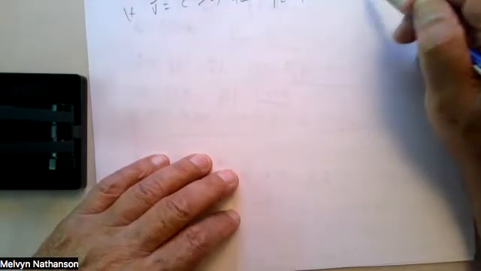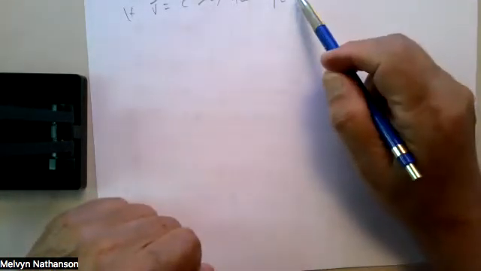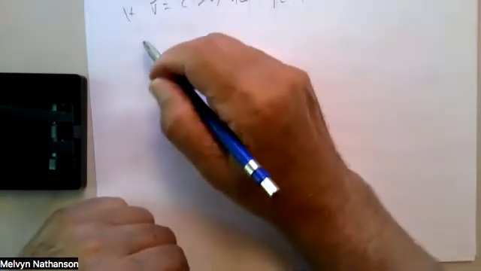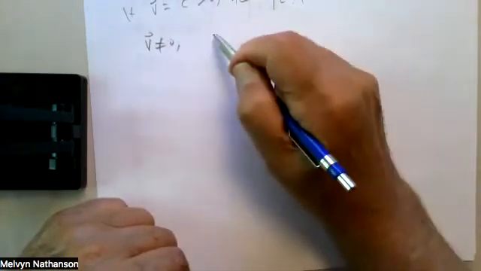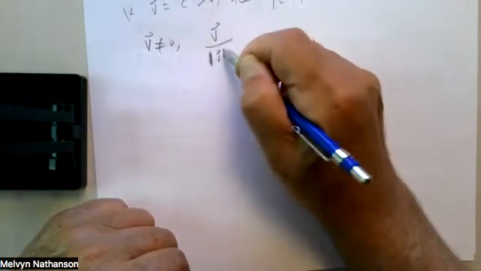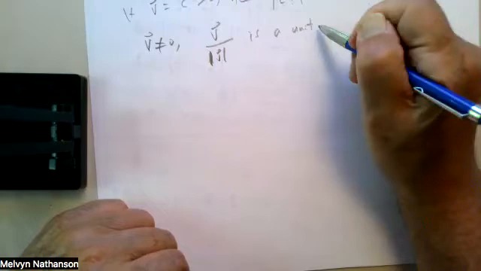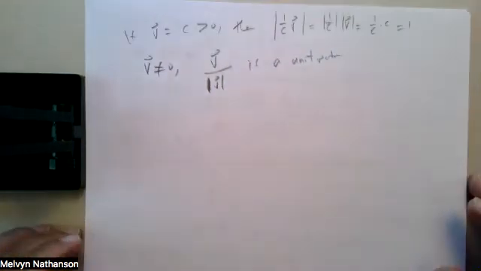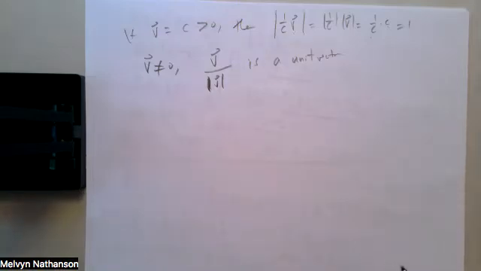The length of the vector v is c, and 1 over c times c is 1. So if you take any vector and divide by its length, you get a unit vector. Or in other words, if I take any vector v different from 0, then v divided by its length is always a unit vector. It's length 1. If you think about it geometrically, that's maybe kind of clear.